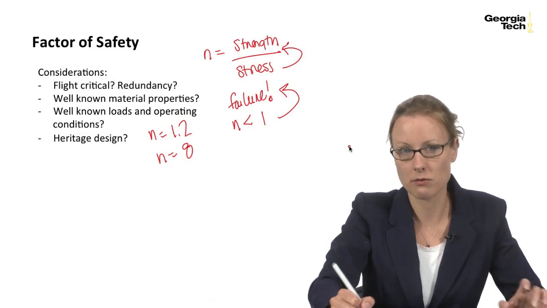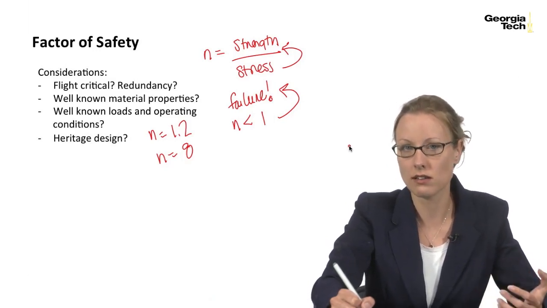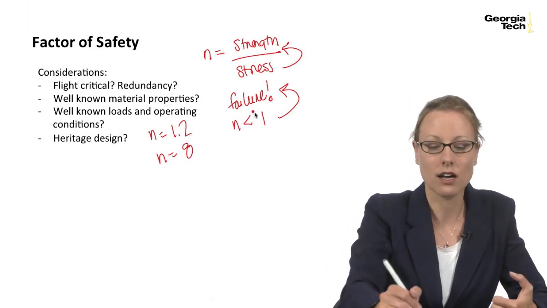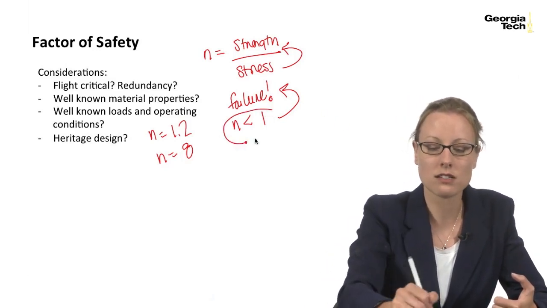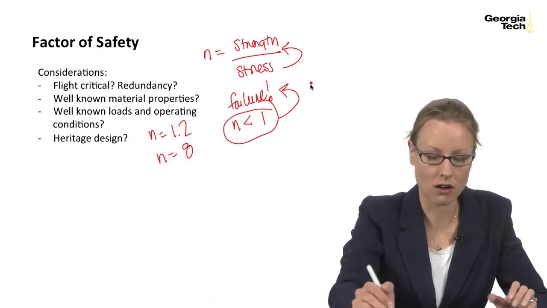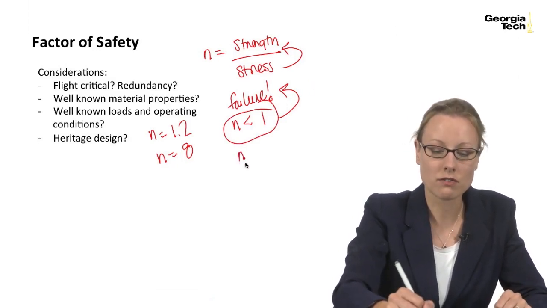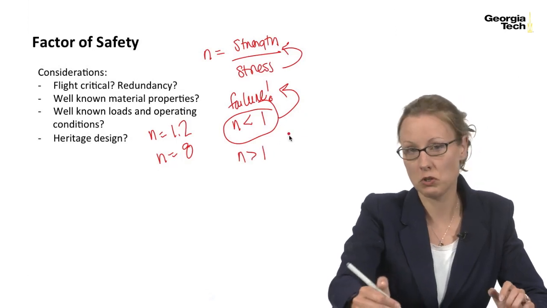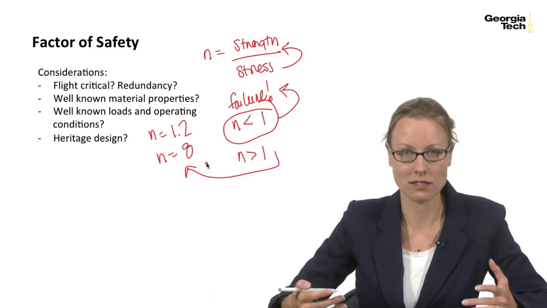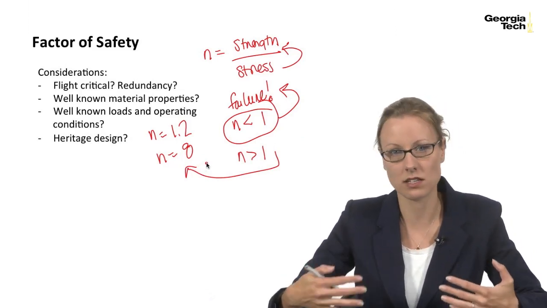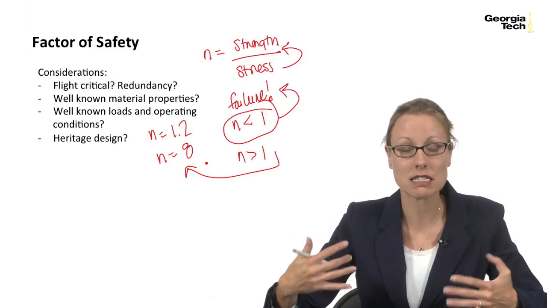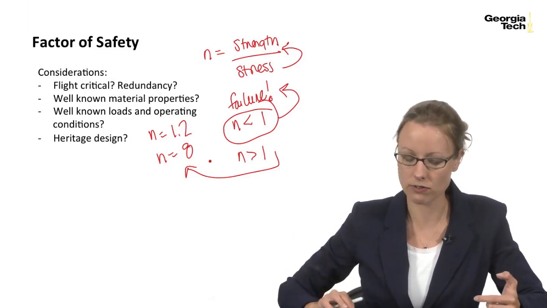You should not be operating there, or your analysis needs to be reevaluated. So whenever N is less than 1, that means something is wrong. If N is greater than 1, that's generally good, but you need to see what your program mandated. So what do the military standards or the automobile standards say is necessary for this type of design.